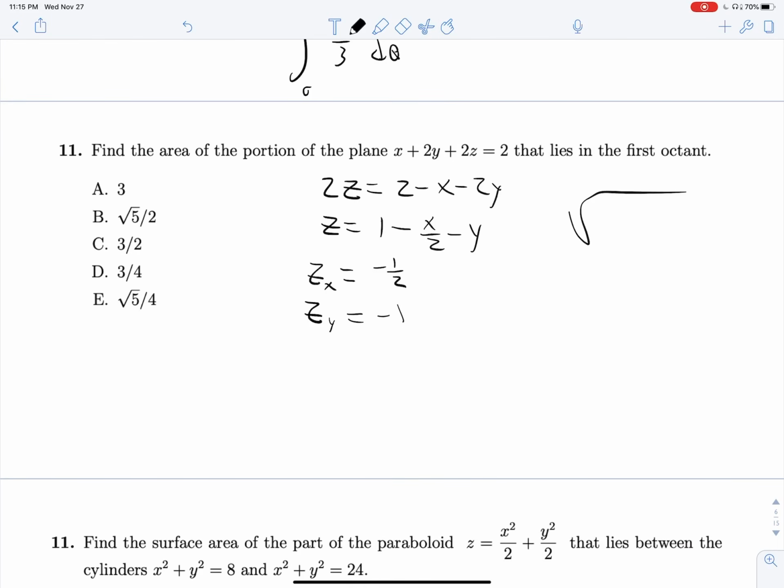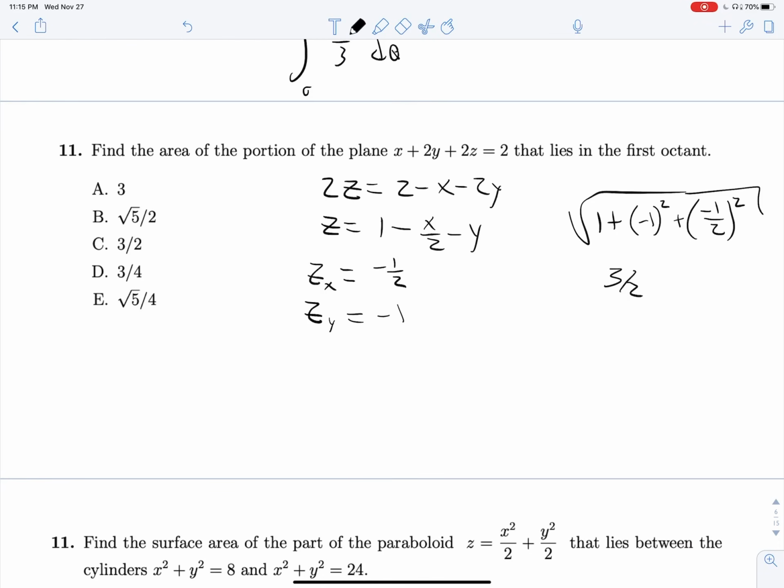So our big square root is going to be 1 plus negative 1 squared plus negative 1/2 squared. And that's going to give us 2 plus 1/4, which is 9/4, which evaluates to 3 over 2.